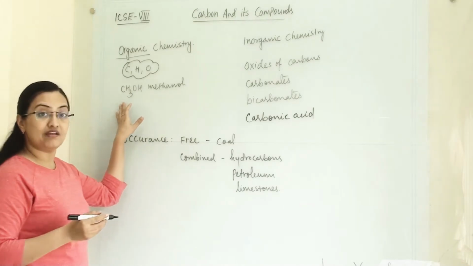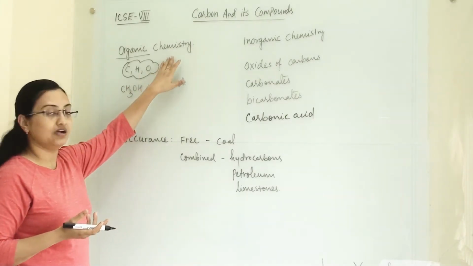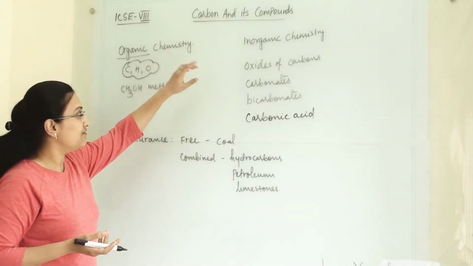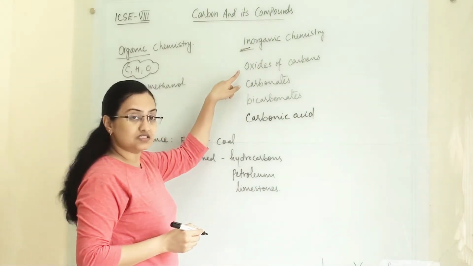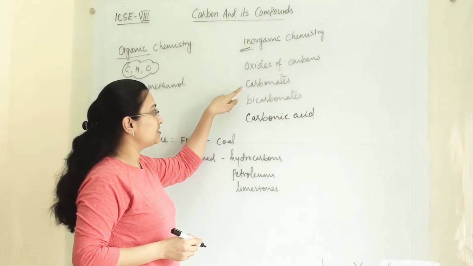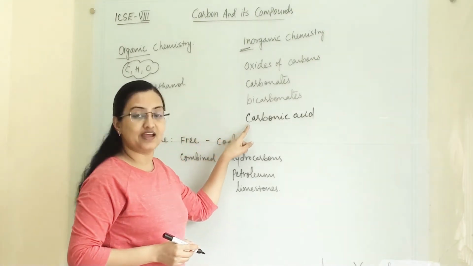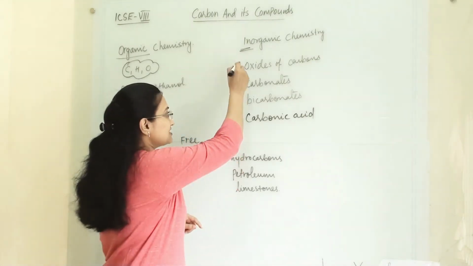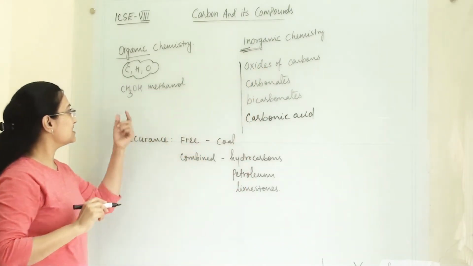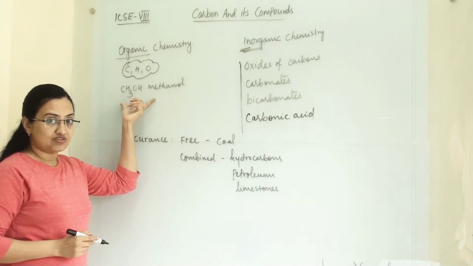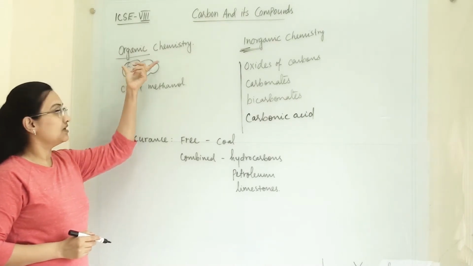So compounds like methanol come under organic chemistry. When we are talking about inorganic chemistry, it consists of oxides of carbon, carbonates, bicarbonates and carbonic acid. All these compounds come under inorganic chemistry.